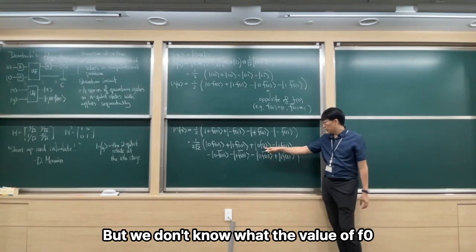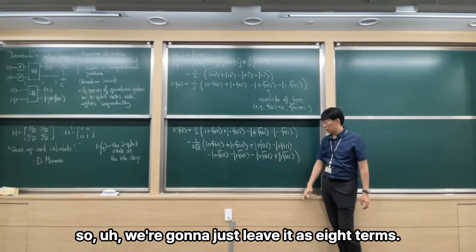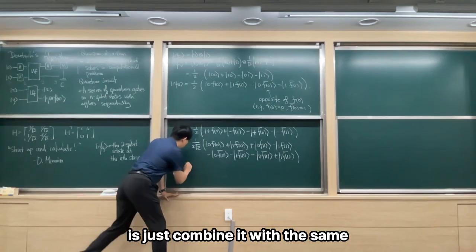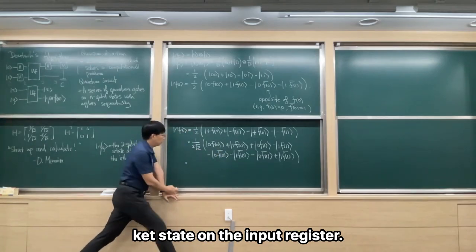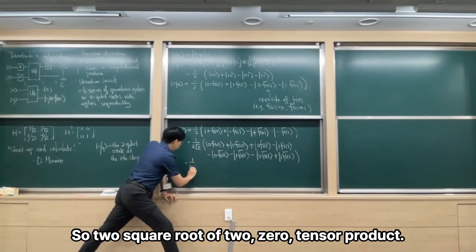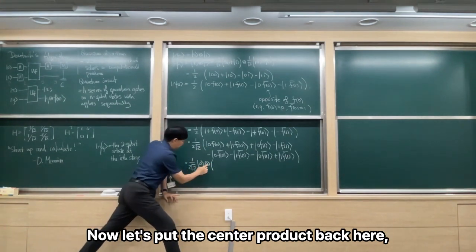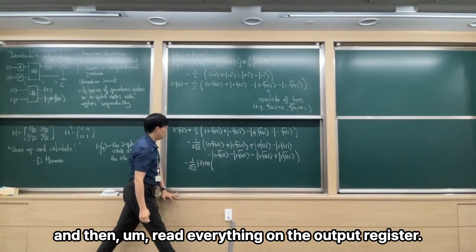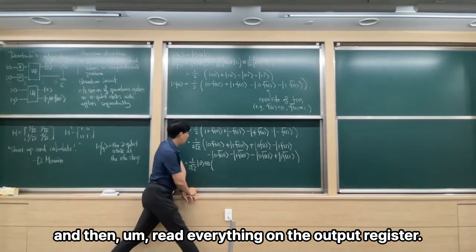But we don't know what the values of F0 and F1 are, so we're going to just leave it as 8 terms. All we can do is combine terms with the same ket state on the input register. So look at the zeros here first. So it's 1 over 2 square root of 2, 0, tensor product. Now let's put the tensor product back here and then read everything on the output register.